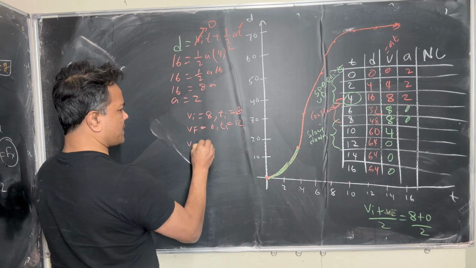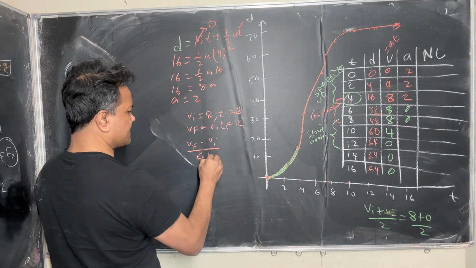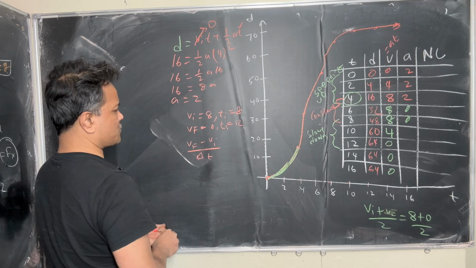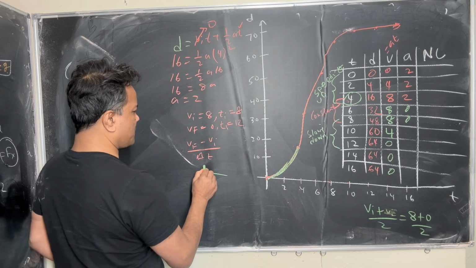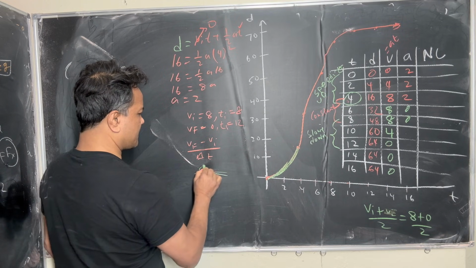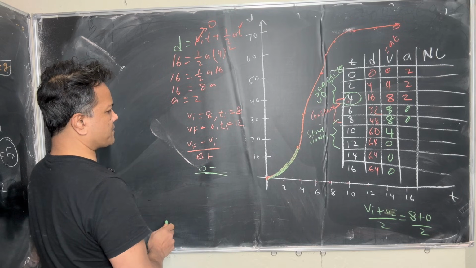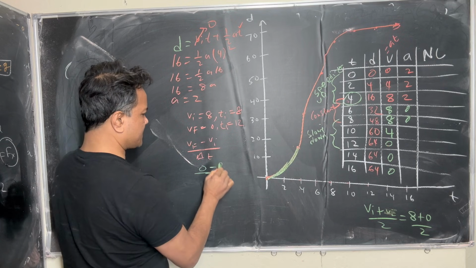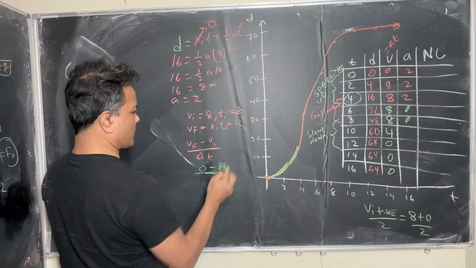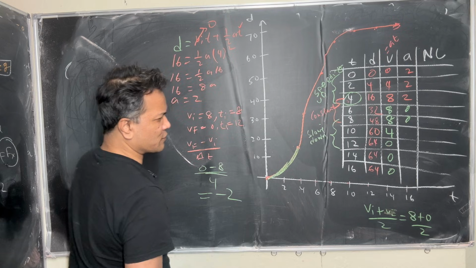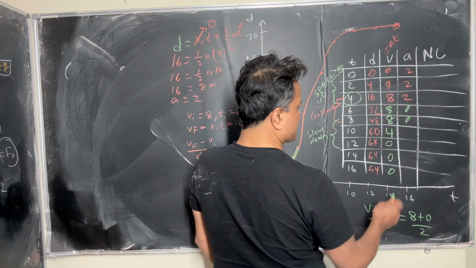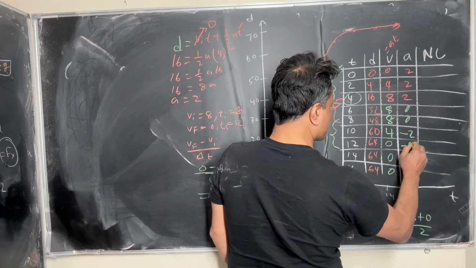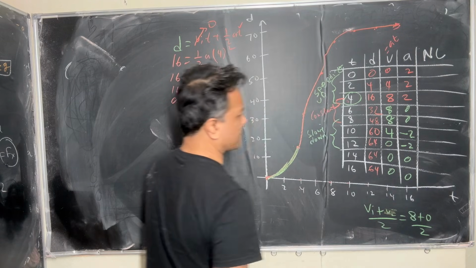So Vf minus Vi over delta T. So Vf is how much? 0 minus 8 divided by 4. So this is minus 2. So acceleration is minus 2 over here, minus 2 over here, 0 over here, 0 over here.